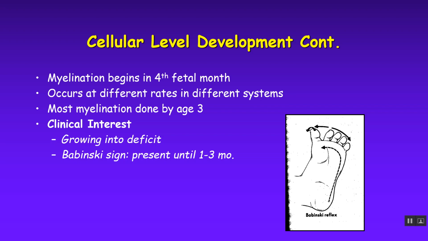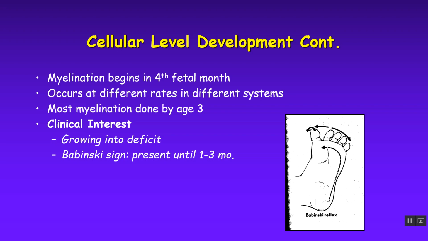It occurs at different rates in different regions of the nervous system, but most myelination is done by the age of 3. There's a term you'll sometimes hear, growing into deficit, because sometimes you don't know if a child has a deficit until they reach a certain milestone where they're supposed to start showing that behavior.